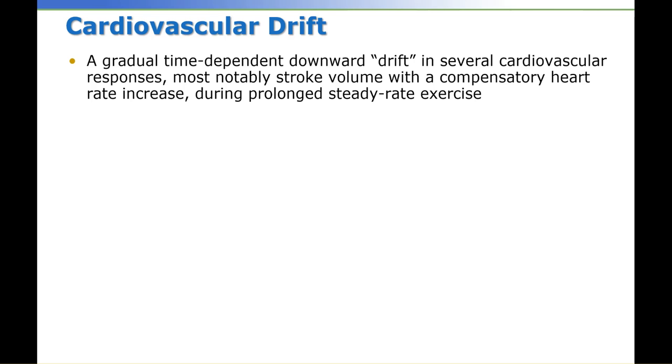At the same time, the progressive decrease in plasma volume decreases central venous cardiac filling pressure, which reduces stroke volume. A reduced stroke volume initiates a compensatory heart rate increase to maintain a nearly constant cardiac output as activity progresses, and this is cardiac drift. So basically, there's a downward drift in stroke volume with a concomitant heart rate increase during prolonged steady rate activity.